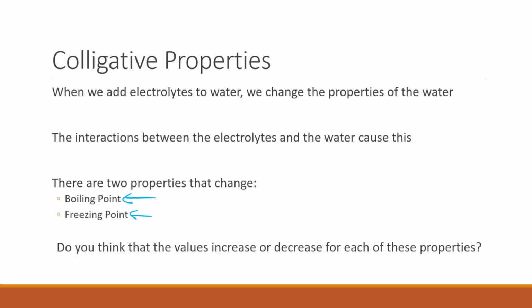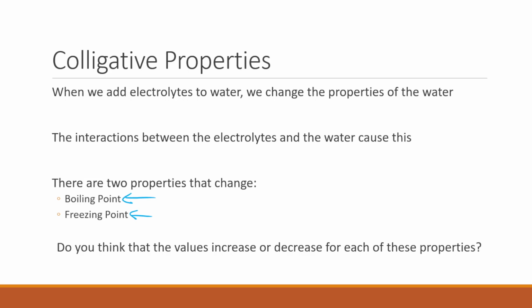Are they both going to decrease? Is one going to increase while the other decreases? How do you think the presence of ions is going to affect these properties? You got a prediction? Fantastic.